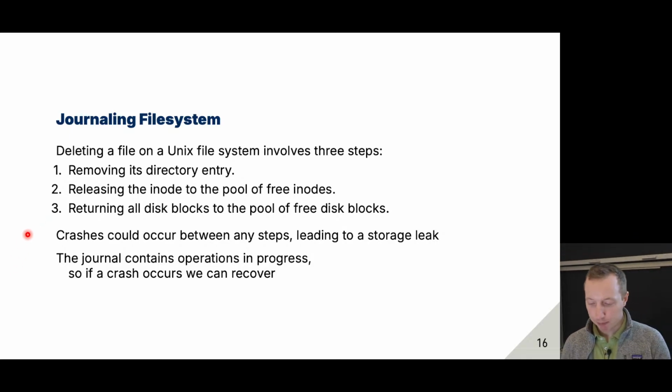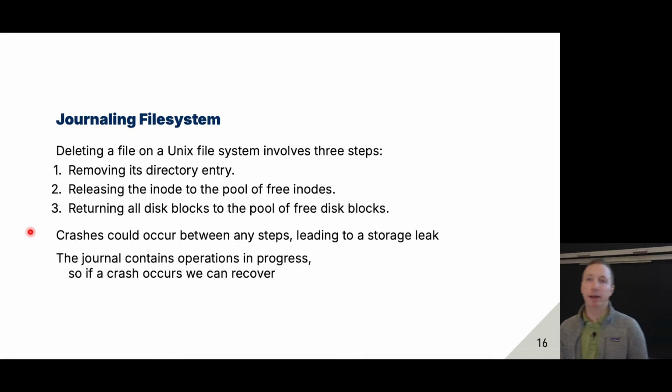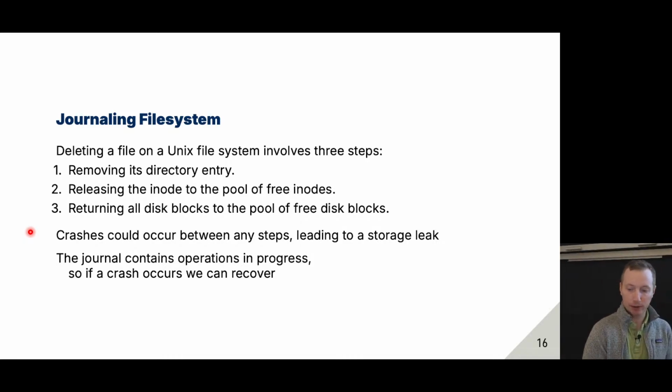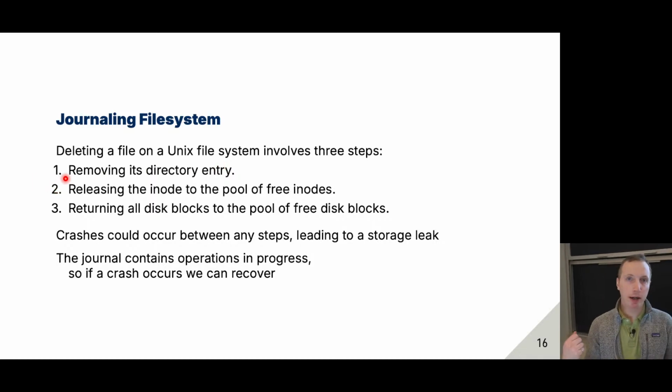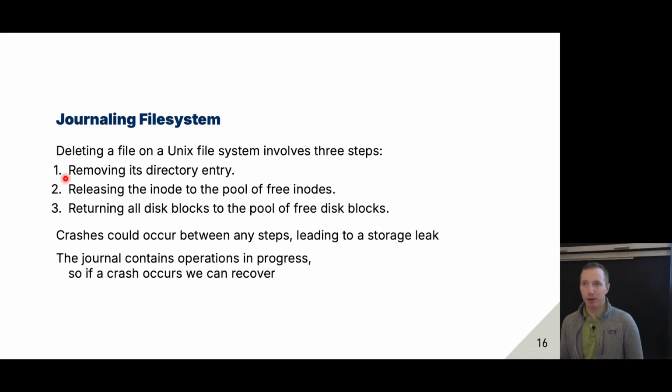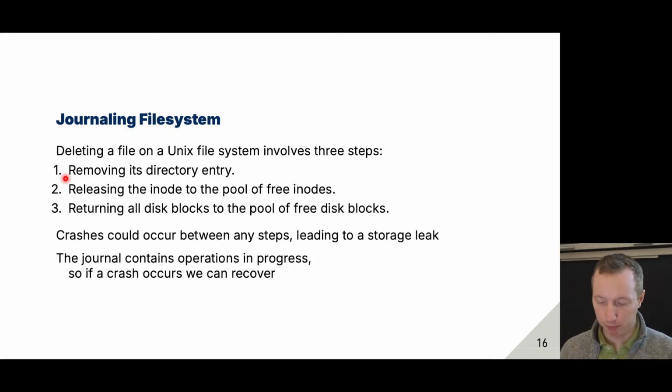And if you think about crashes or the power getting pulled out, you could remove power between any of these steps, and then you would have a very inconsistent file system. If I just removed the directory entry and then power went out, that inode is going to claim in the file system to still be used, even though there's no name pointing to it, and any blocks are also going to still be used, just wasting space.